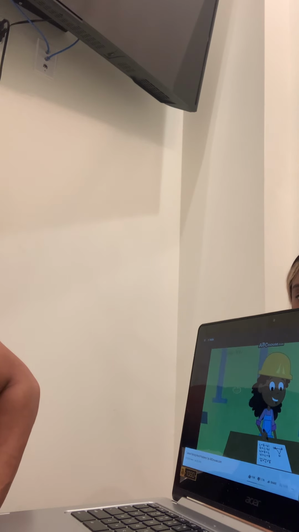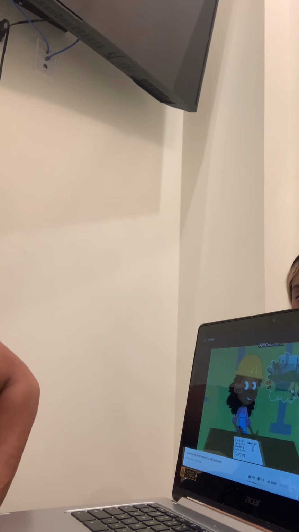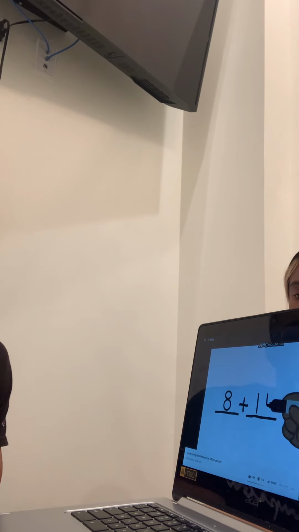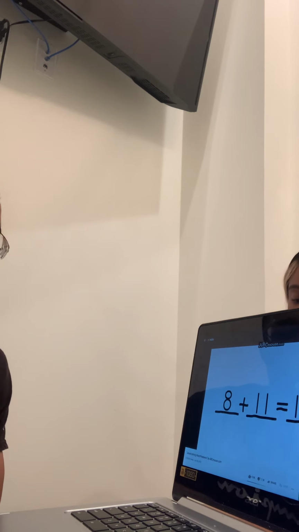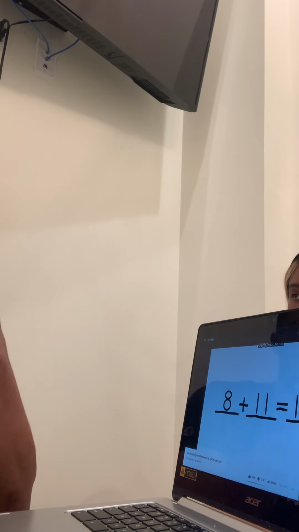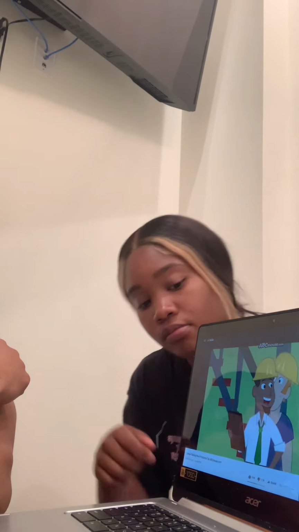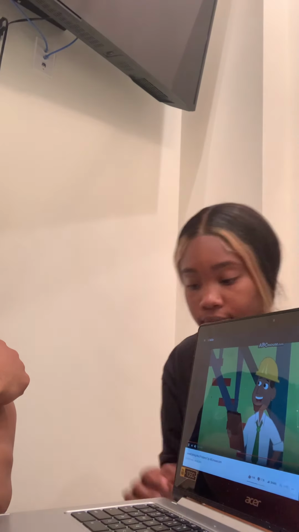You started with 8 beams this morning, and that crane just dropped some more in the bin, for a total of 19 beams. To check your answer, you put the missing number in the first number sentence. Does 8 plus 11 equal 19? Yes, we have the right answer. All right. Thanks, Jesse. Let's get this job done, Hank.